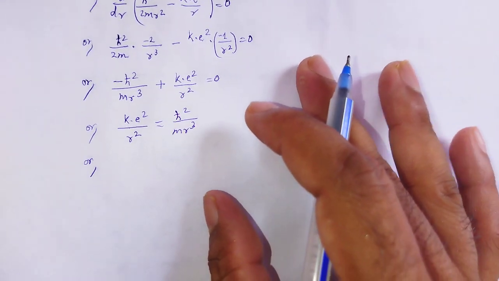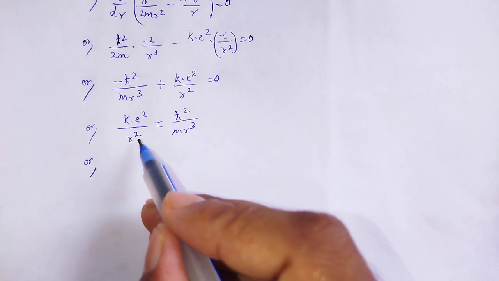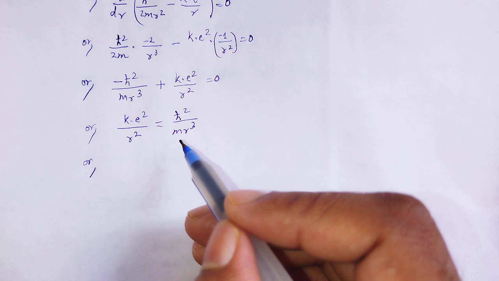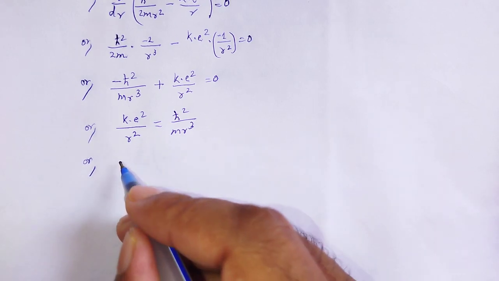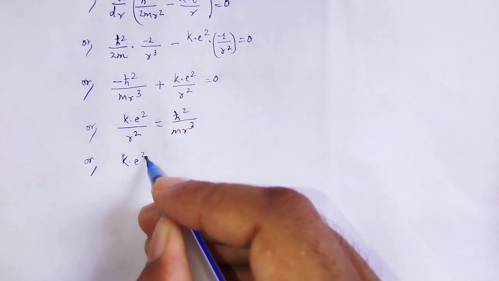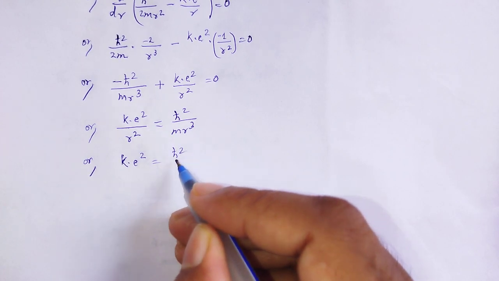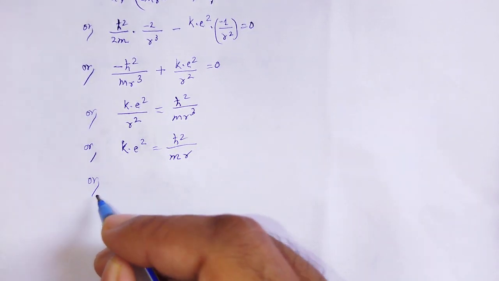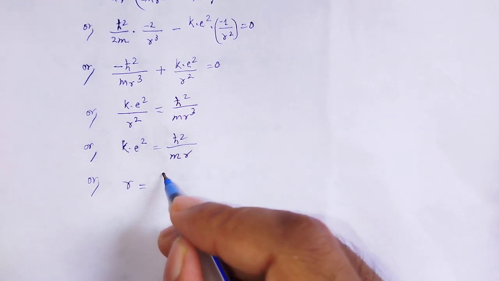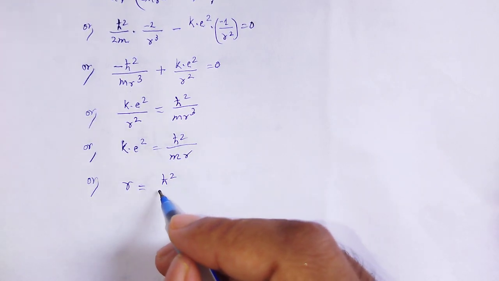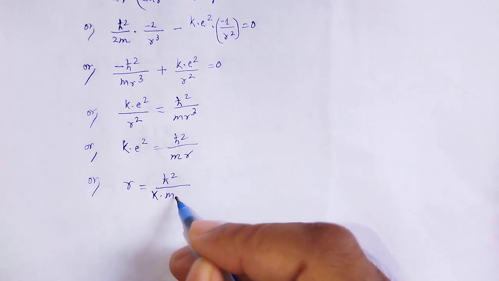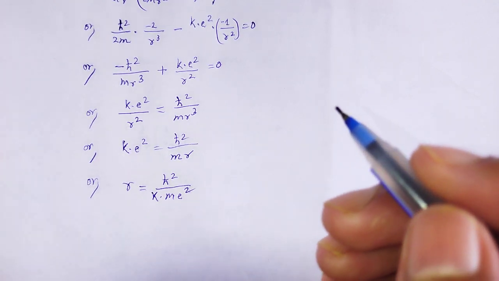Here one r cancels out, and we have k e square is equal to h cut square divided by m r. Our requirement is r, so r is equal to h cut square divided by k m e square.